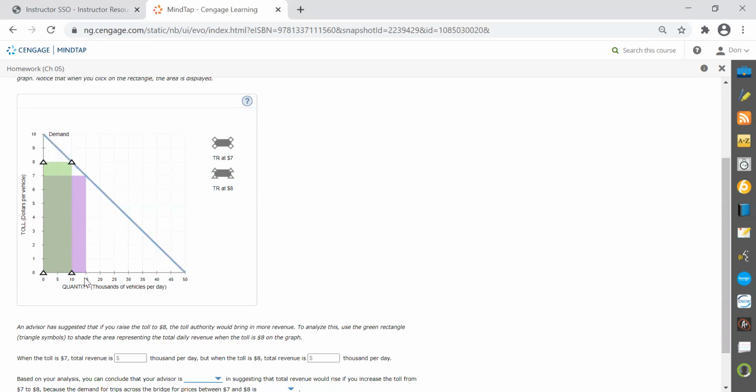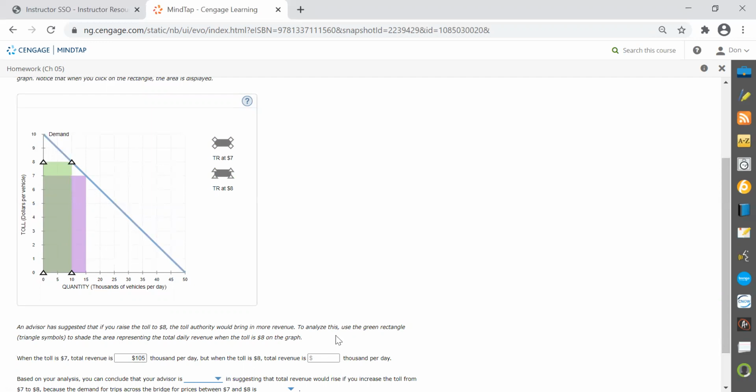I'm going to take the $7 price point and multiply it by the quantity of vehicles that went through per day, which was 15,000. And my total revenue for this is 105,000, which was once again taking $7 times 15,000 vehicles that pass per day, and I just put 105 in there.